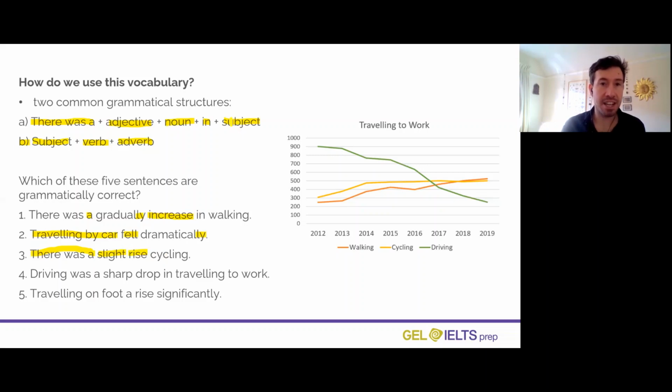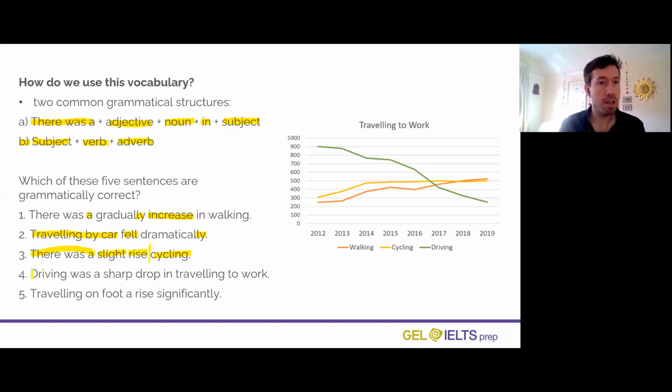And then cycling is the subject. But we are missing something here. We're missing this in. You need this in, or it doesn't make sense. It's not grammatically correct without it. So with this structure, with adjective noun, we always need to put in. So that one's not correct.